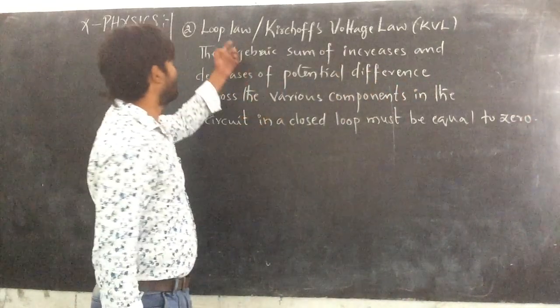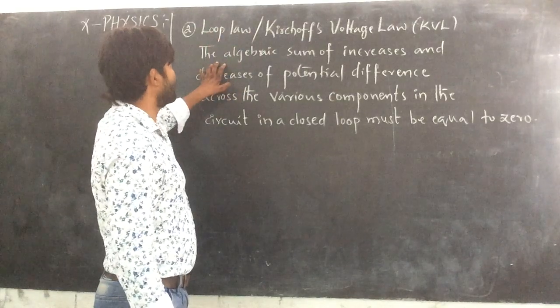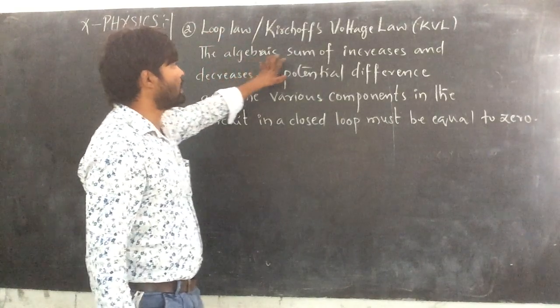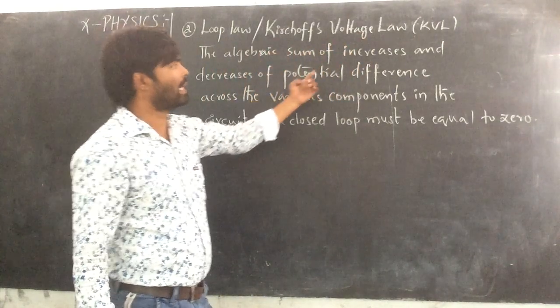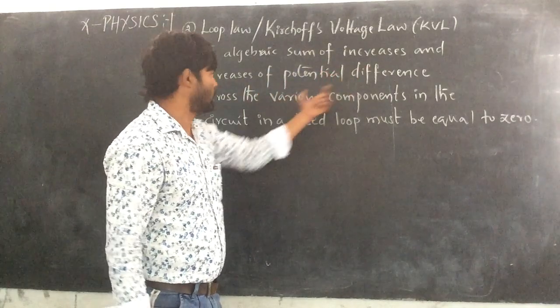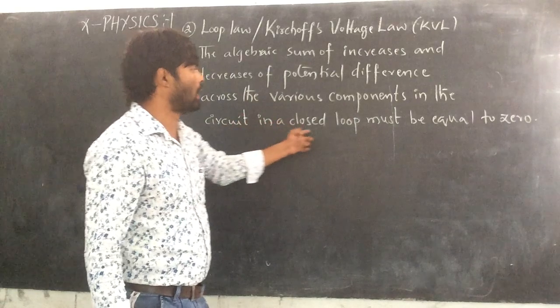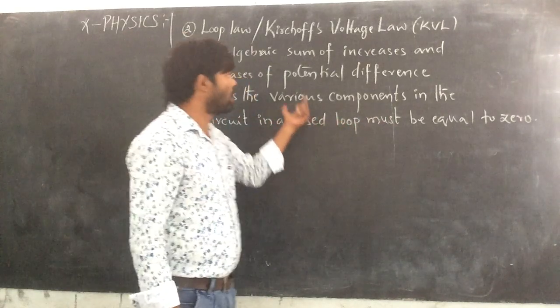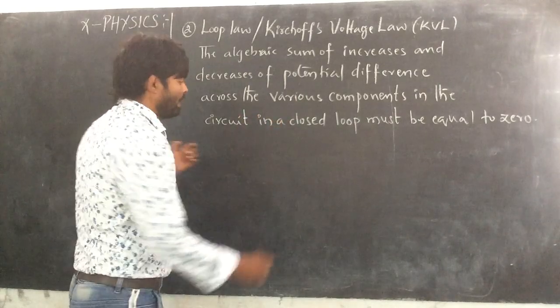Right? So Kirchhoff's voltage law or loop law, what is it saying? The algebraic sum of increases and decreases of potential difference across the various components in the circuit in a closed loop must be equal to 0. Let us draw a diagram, then you can understand it easily.